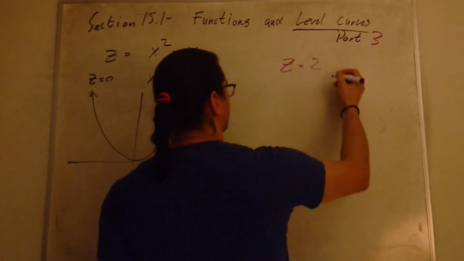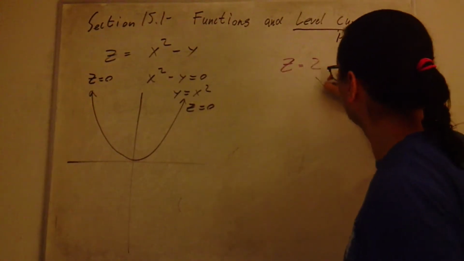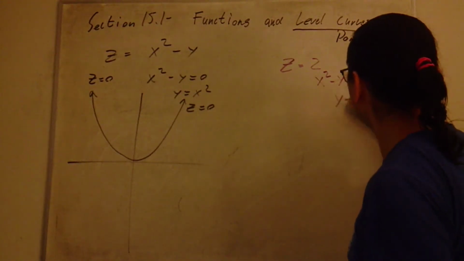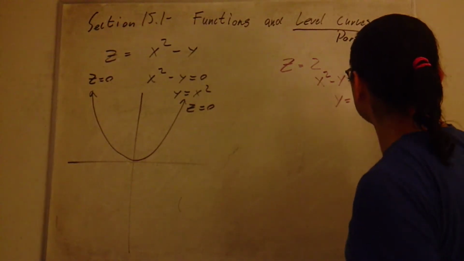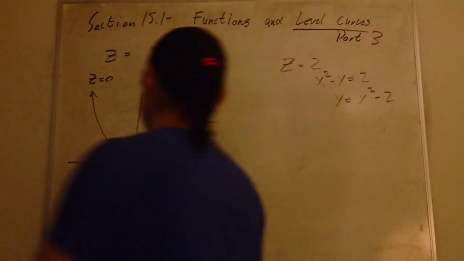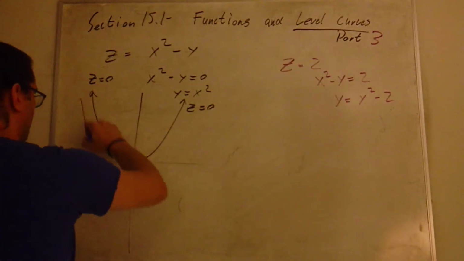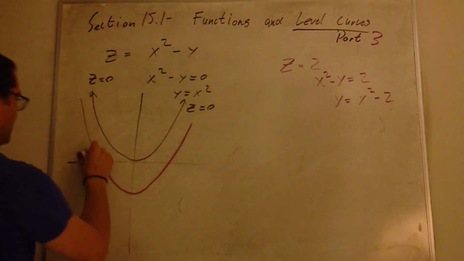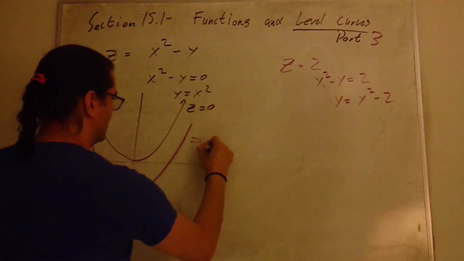Actually, let's go up to 2. The z equals 2 level curve will be x squared minus y equals 2, so y should be x squared minus 2. So that's this same parabola, but down 2 units. Gotta make that thicker. This is z equals 2.